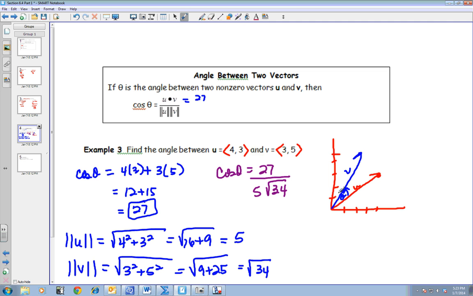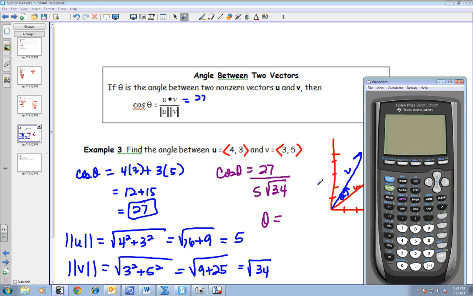Now, I need to know the actual angle. So I need to do second cosine to find the angle. So in my calculator, first of all, let's make sure that we're in degrees.